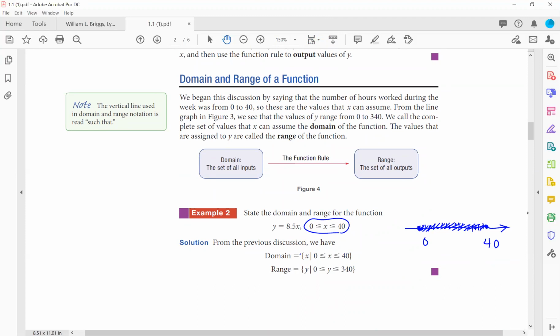Since you are working with the domain, the variable that we're using is x, such that x is between 0 and 40. Then you close your curly bracket. You can use interval notation, closed bracket 0, closed bracket 40.